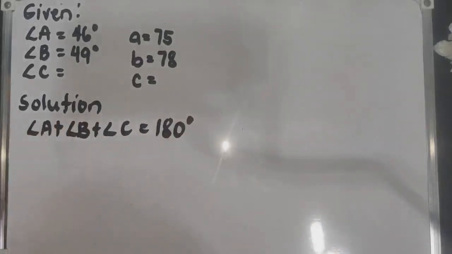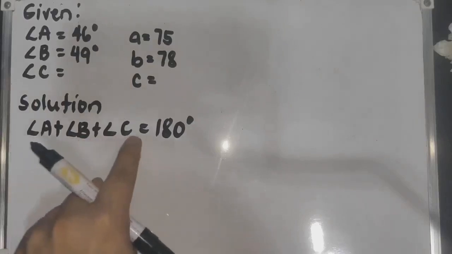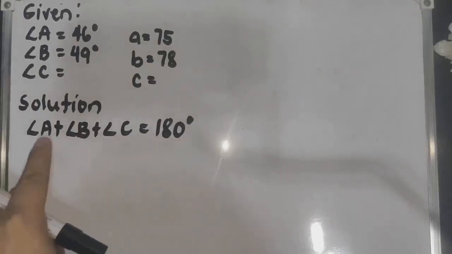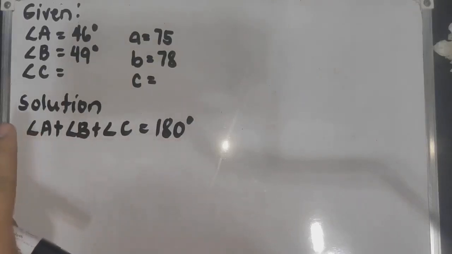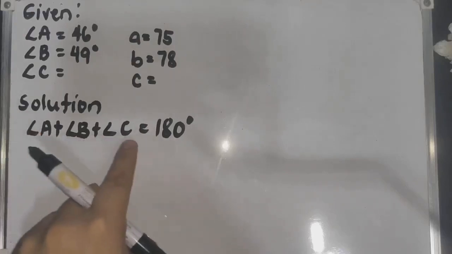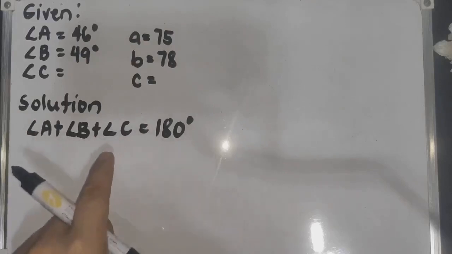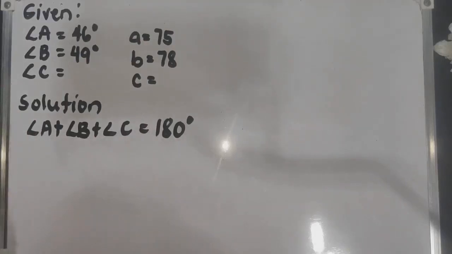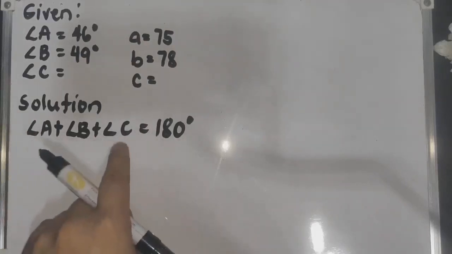Always remember, when we add all the 3 angles of a triangle, kahit ano pang itsura or kinds or types ng triangle, ang total measurement nila is 180. So, yung letter ng angle, it depends on the given letter. Ginawa natin, tayo nag-name, kaya A, B, C yung ginamit natin. Pero kung may given na letter, yun yung gagamitin ninyo to add the angles.